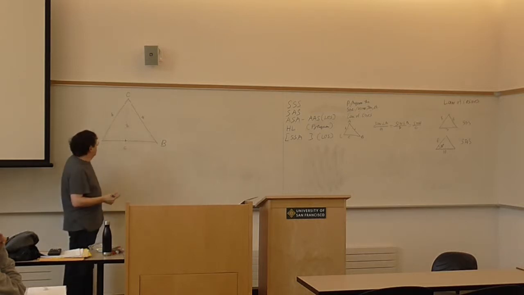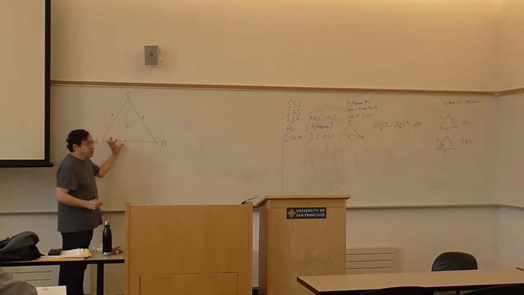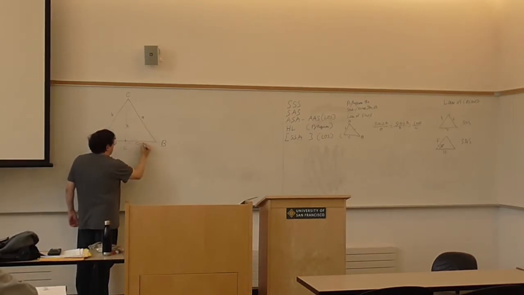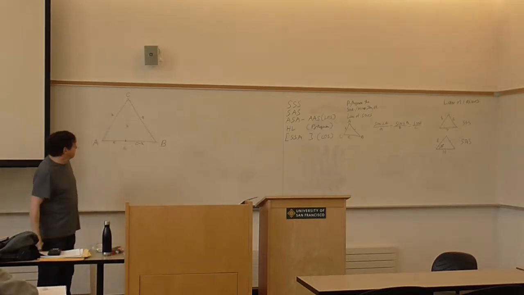And I'm going to call one of the pieces x. But of course, if this distance here is x, the length of the side is c, so the other piece is going to be c minus x. This is the setup.